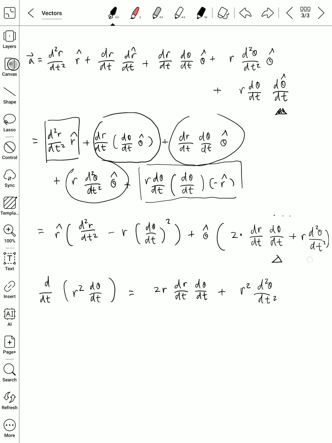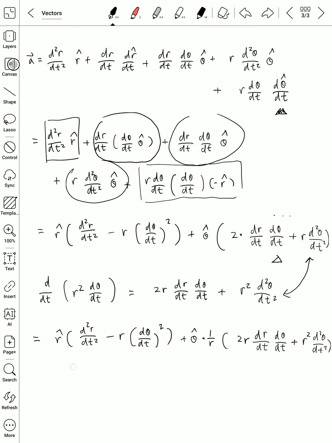Comparing these two expressions, we see that the only thing that is missing is a power of r. So in fact, we can further manipulate this expression into the form... wait a second, just let me finish writing it. We're going to multiply by 1 over r here so that the terms inside can be made up in r. And voila, we have the final result.